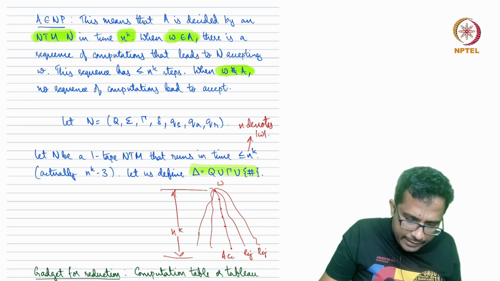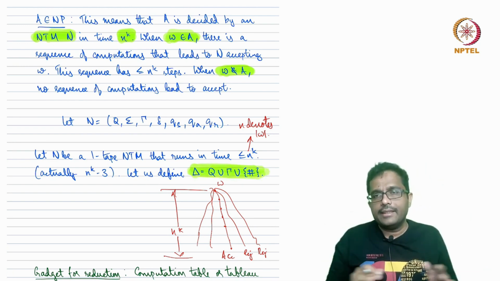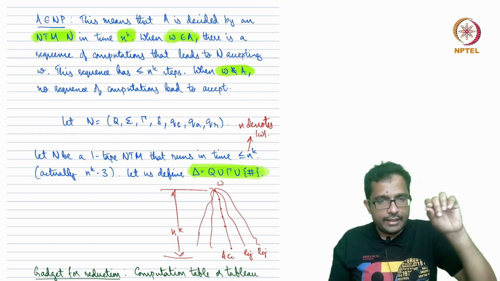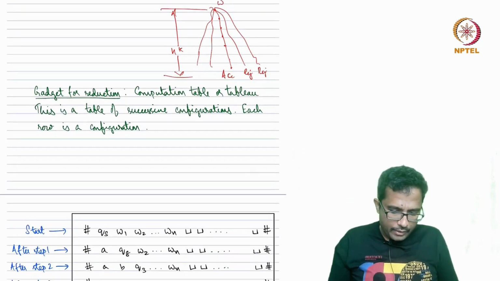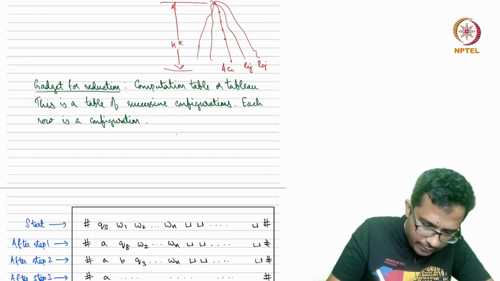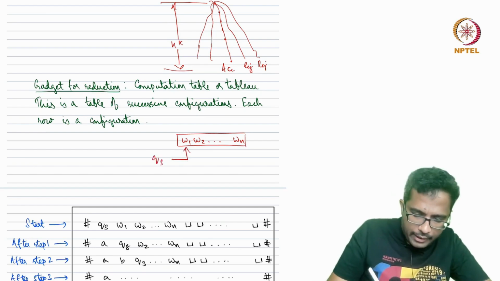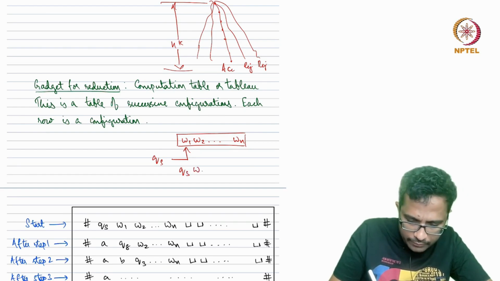So basically, what is delta? Delta is any symbol that shows up in a configuration. If you remember, a configuration had this notation where we have the tape content and we insert the state into the tape content. For instance, the starting configuration is W1, W2 up to Wn, with the starting state Qs, because the head is in the first position, followed by the input.